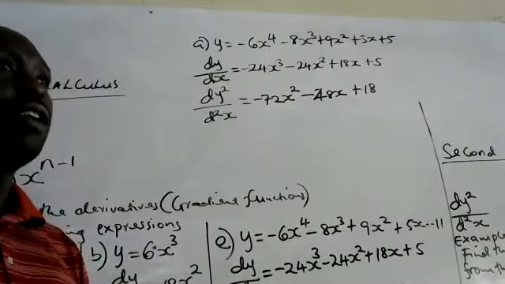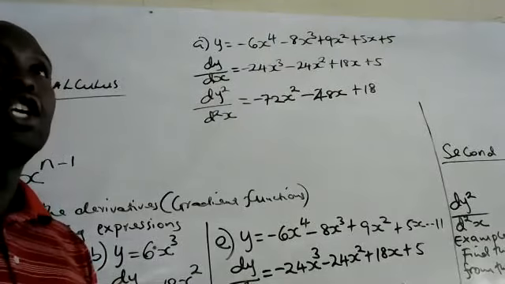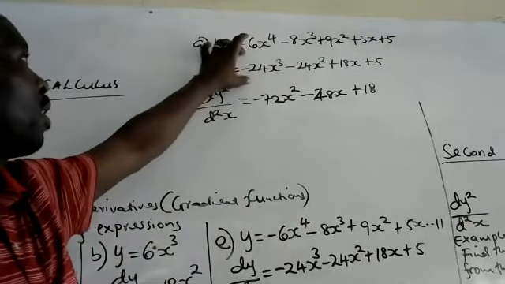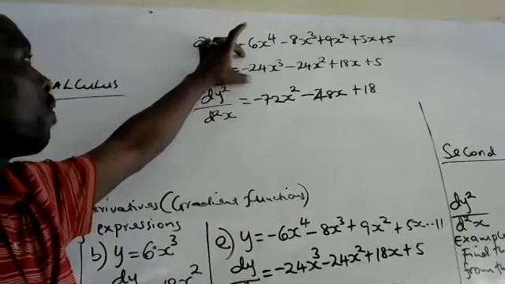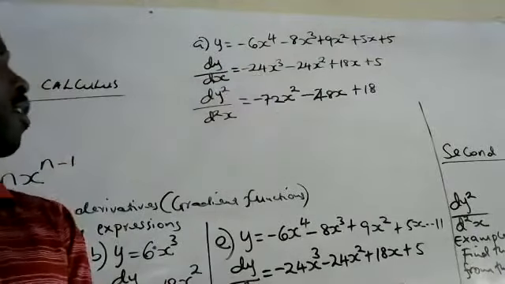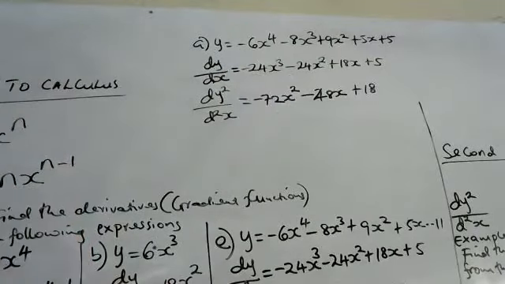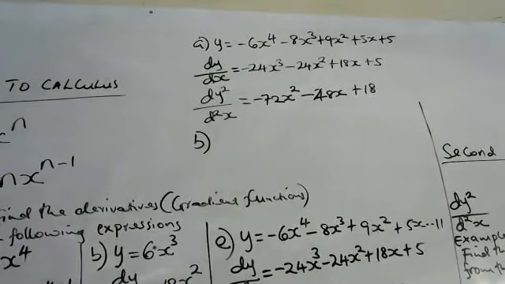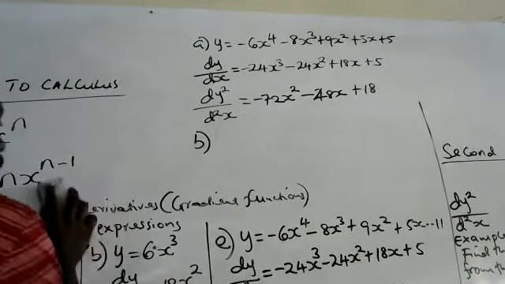The second derivative is simply differentiating the function twice. Differentiate the first one to get the first derivative, then you differentiate the first derivative to get the second derivative. That is A. B. Let us see how we get the second derivative of the following.